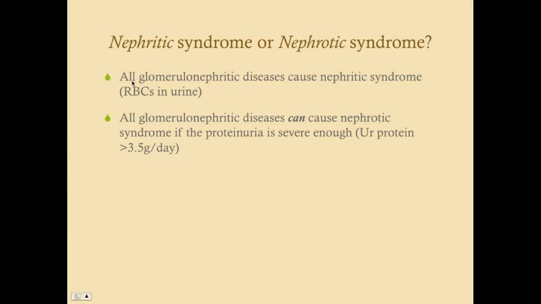Nephritic syndrome is all of these diseases we're going to talk about. It's red cells in the urine. Nephrotic syndrome is when we have enough protein in the urine to where it's equaling or exceeding 3.5 grams per day, and we have symptoms. So nephritic syndrome is red cells in the urine. Nephrotic syndrome is having more than 3.5 grams of protein spilling out in the urine per day.